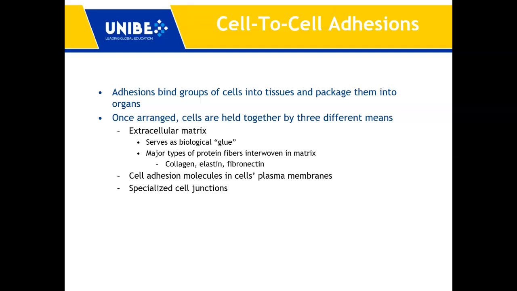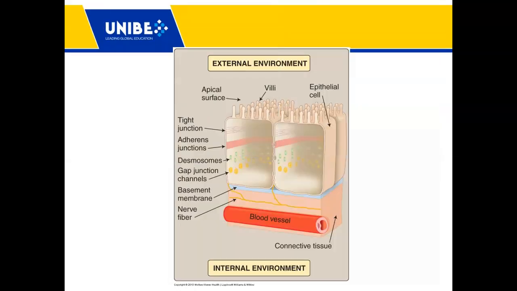We can have cell adhesion molecules in the plasma membrane. So these are molecules that stick to other things, or we can have specialized cell junctions, basically tight junctions, gap junctions, and adhering junctions. Either way, this creates two environments, one looking at one side of the cell, and one looking at the other side of the cell.